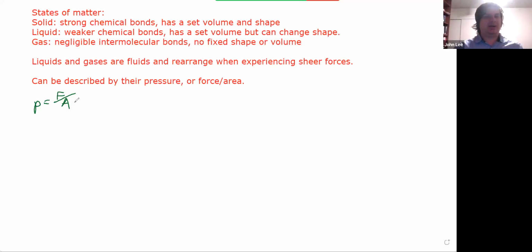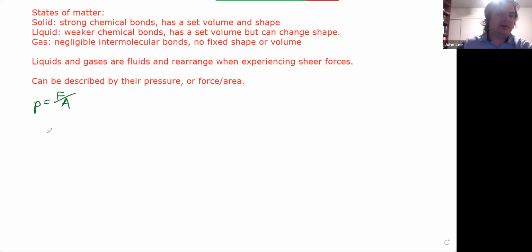So pressure is just a thing that we use to describe fluids. It's mostly used this way because a solid doesn't really change its force depending on the container it's in. It's just going to always have the force.